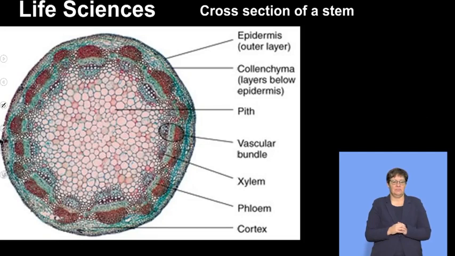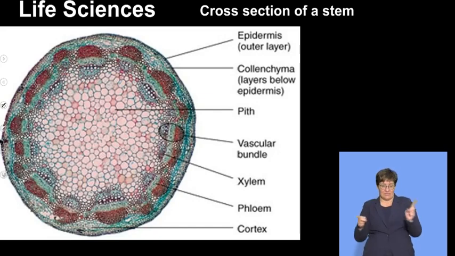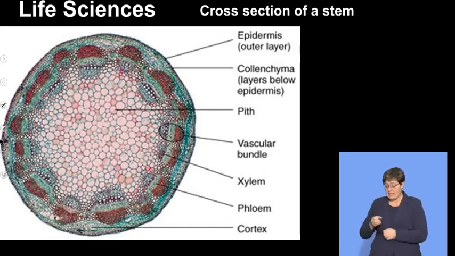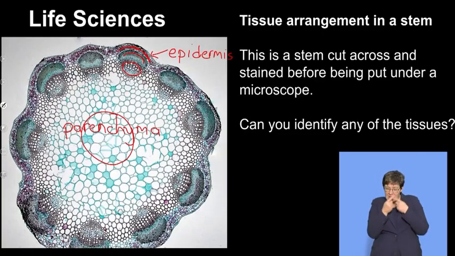If we look at the next picture, this looks kind of different and sort of the same as the previous one. And the reason is that the two are sections of different stems. So every stem would look slightly different, but if you look, there is the same pattern. And that's what we're looking for, the pattern for the layout of these different tissues. Another thing, the color is different.